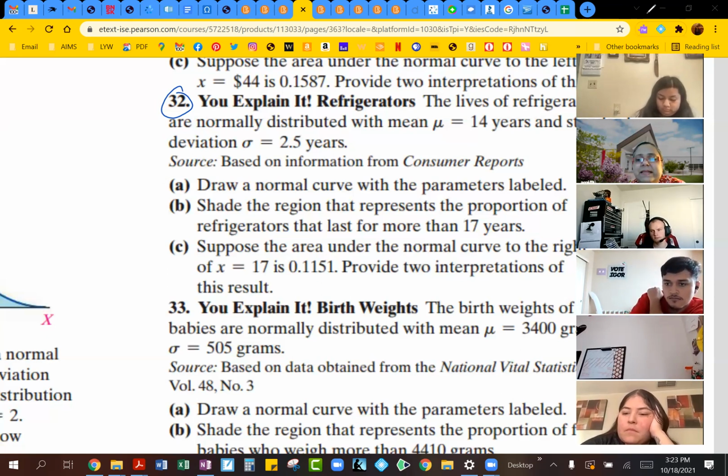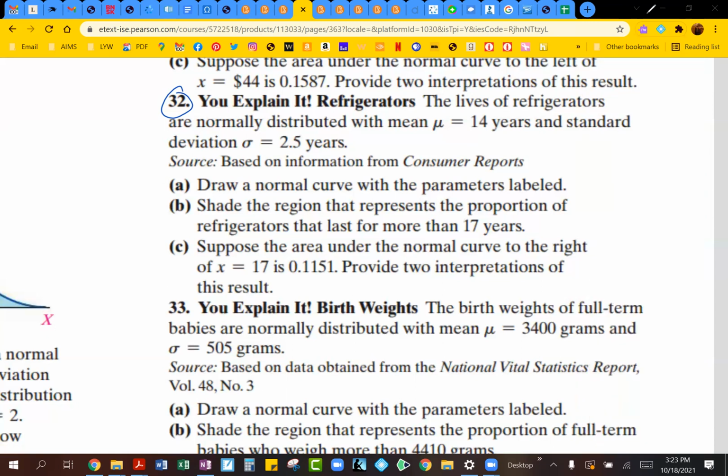We cannot make the assumption something is normally distributed. So if they don't tell you that this is normally distributed, you cannot use normal distribution for it. Then you have to go and use Chebyshev's theorem, which is what you saw in chapter 3. But when they specifically tell you it is normally distributed, then we are good to go.